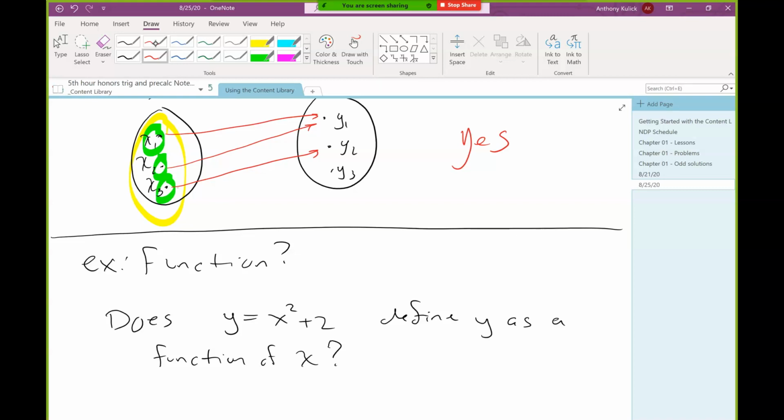So let's ask, does y equals x squared plus 2 define y as a function of x? When we write the phrase y as a function of x like this, which variable are we implying is the independent variable and which one would be the dependent variable?